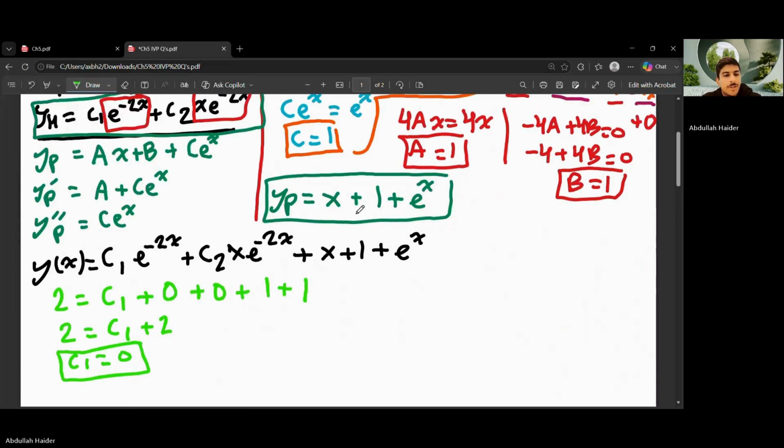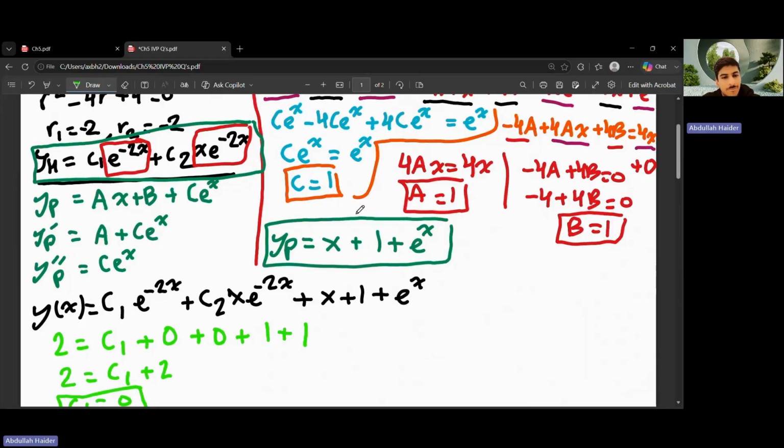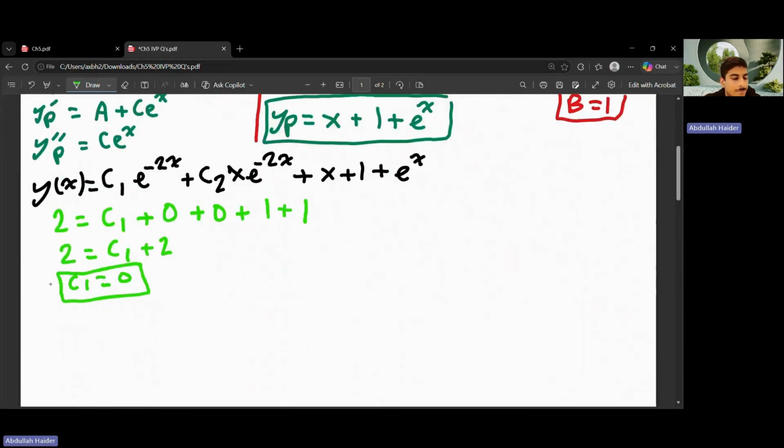Now, you will take the derivative of y of x to be able to get C2. If I take the derivative of this, well, there's actually no need to take the derivative of the first term because C1 is 0. So you can cross this out.